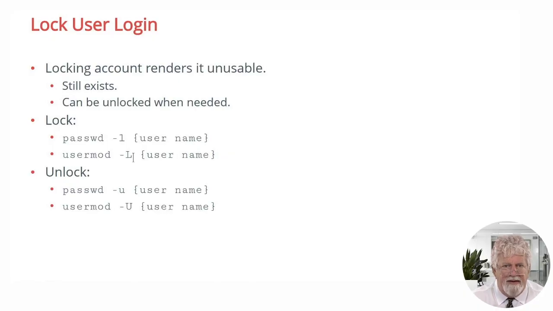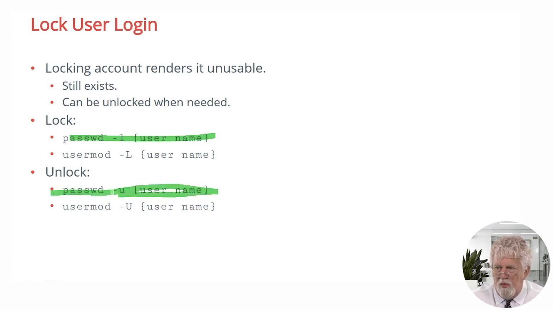Locking a user account means it cannot be logged in. We can do this two different ways. passwd -l, followed by the user, would put the lock on it. passwd -u would unlock it. All this does is make a tiny change to the hash inside of shadow and adds !! to the front of their hash.